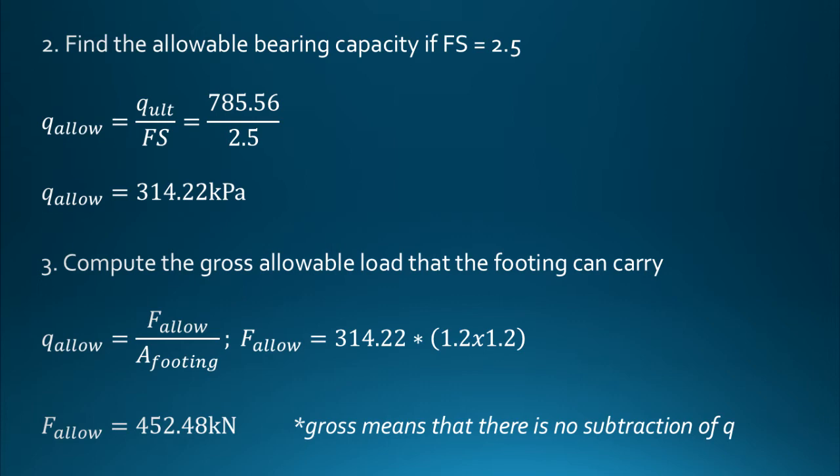So, ano ba yung dimension ng ating footing? 1.2 by 1.2. So, multiply natin yan sa q allowable, makukuha nyo na yung allowable load sa ating footing is 452.48 kilonewtons.